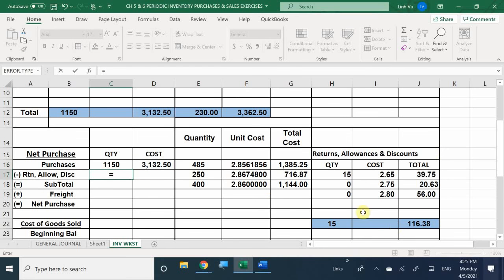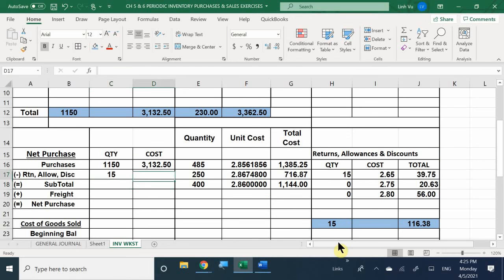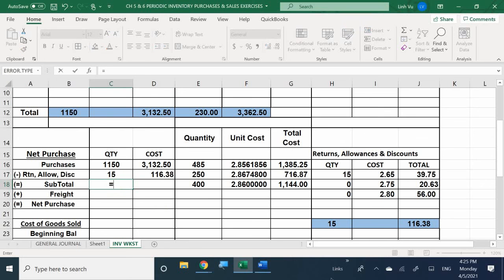I had returns of 15, costing me a total of 116.38. Okay. So here once again I need to do a calculation because these are my refunds. Here I started out with 1150 minus 15, which gives me a grand total of 1135. Same thing here.